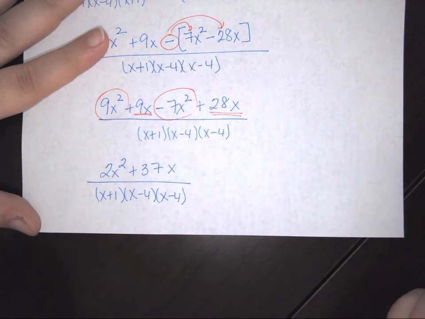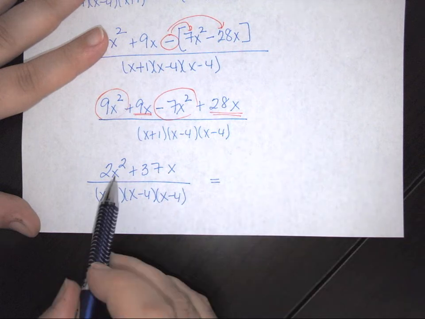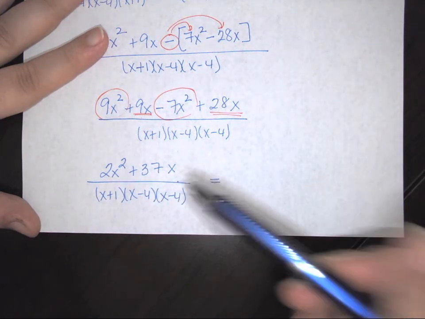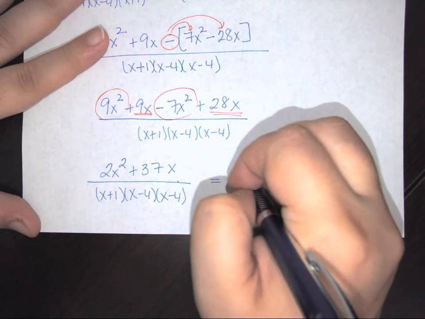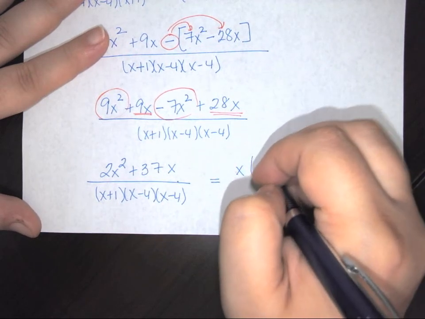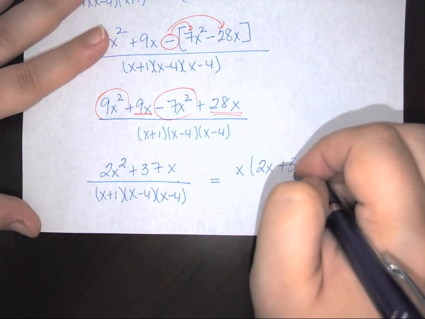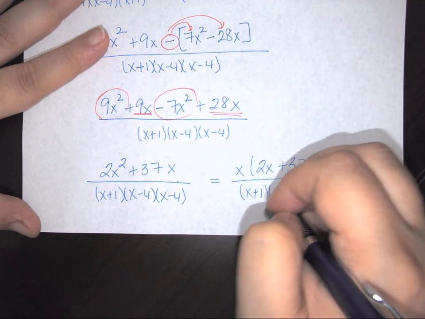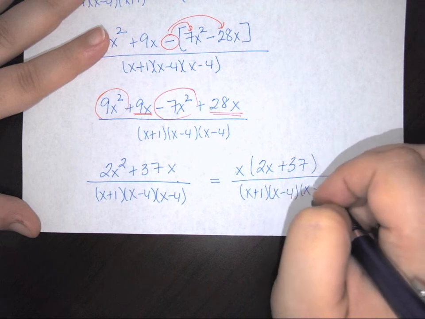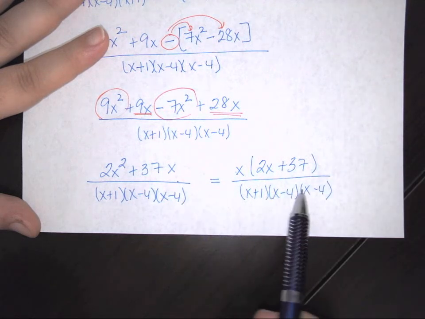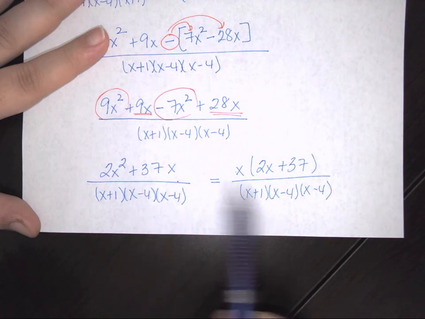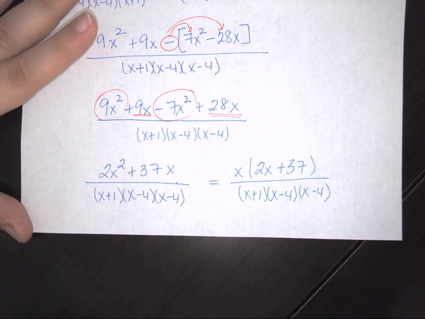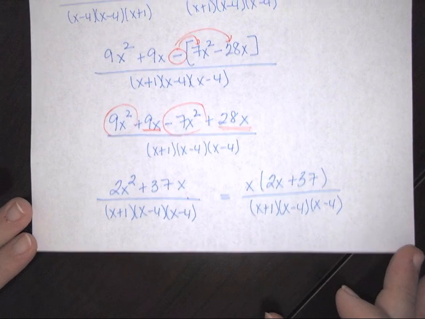And if I wanted, about the only other thing that I could do is across the top I could pull an x out. So you could either leave it like this, or we could go one further. You could pull out an x, which leaves a 2x plus 37 on top, all over x plus 1 times x minus 4 times x minus 4. So either one of these would give you the right answer. Since there is nothing else that can cancel or simplify or reduce any further, you have completely finished.